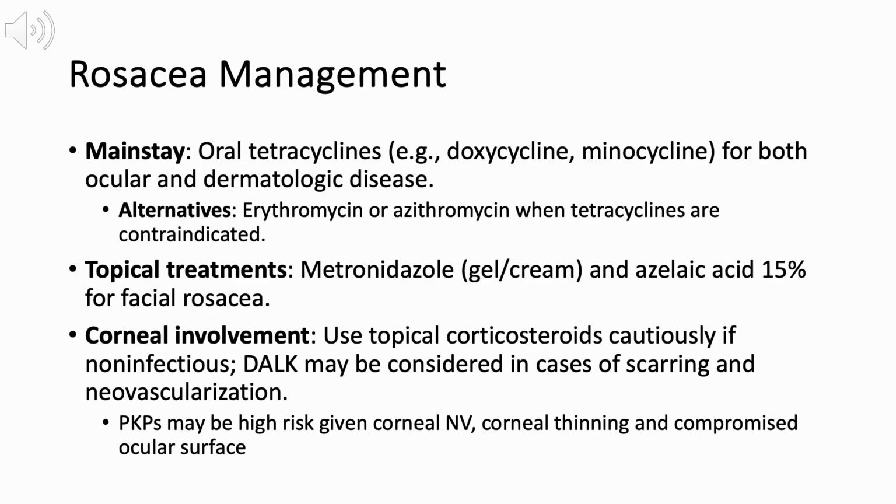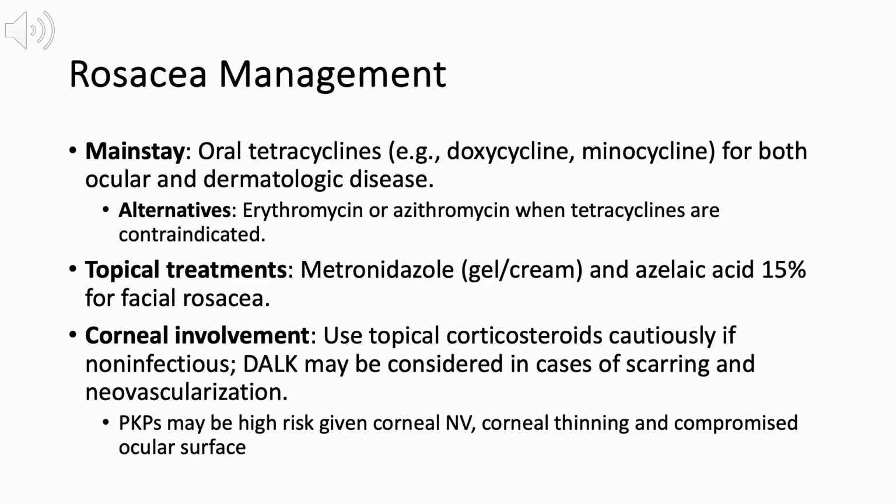Topical treatments, including metronidazole in gel or cream form and azelaic acid, are commonly used for managing facial rosacea symptoms. In cases with corneal involvement, topical steroids may be employed cautiously to address non-infectious inflammation. However, due to risks associated with long-term steroid use, such treatment should be closely monitored. In severe cases involving corneal scarring or neovascularization, surgical interventions like DALK may be appropriate.